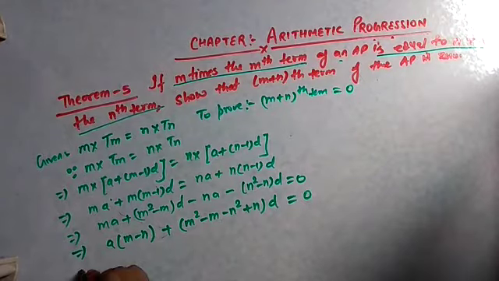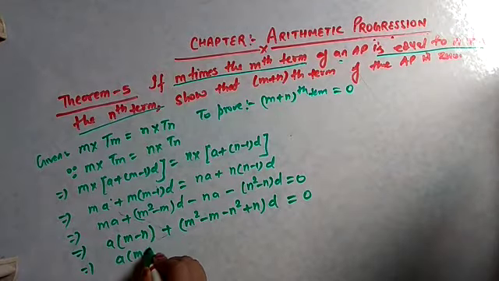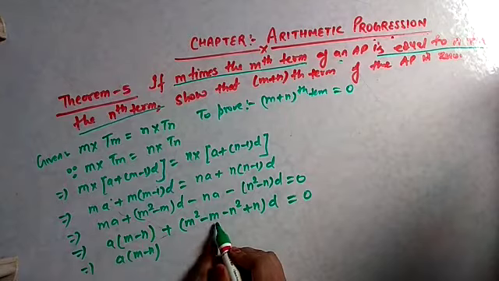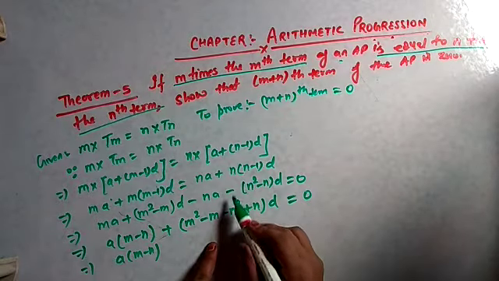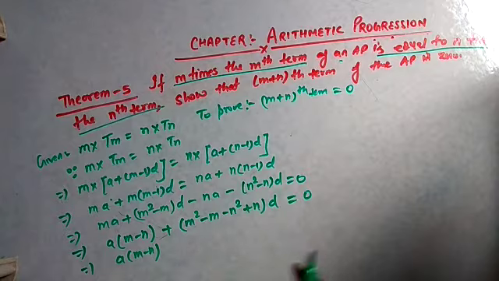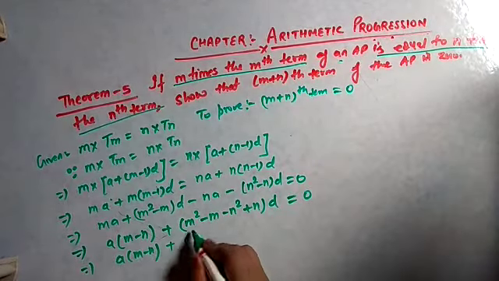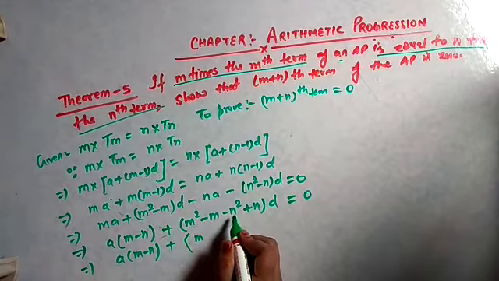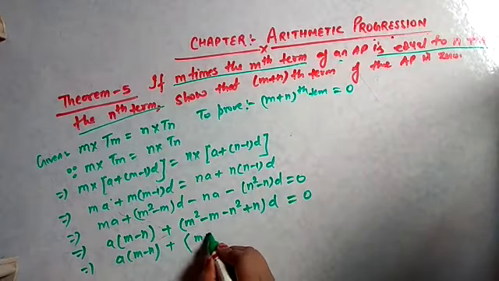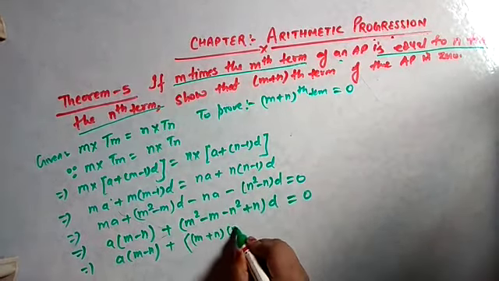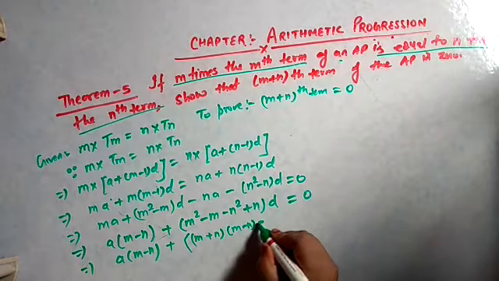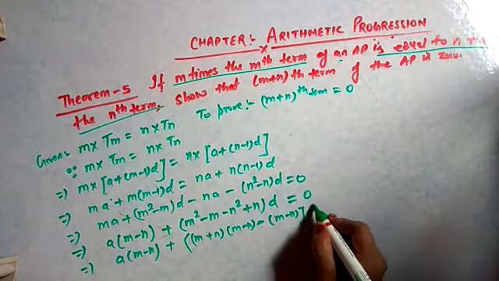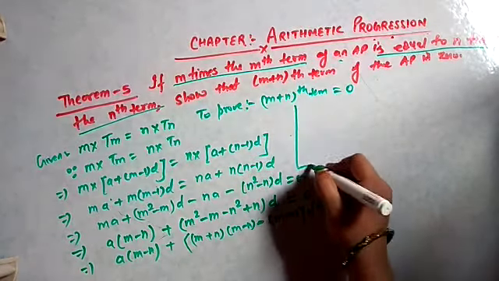Now see here, m square minus m, when we take d common, here it will be minus n square plus n. Now m square minus n square is in the form a square minus b square, so we can write (m plus n) into (m minus n), and from the rest we will take minus common, so (m minus n) into d equals 0.